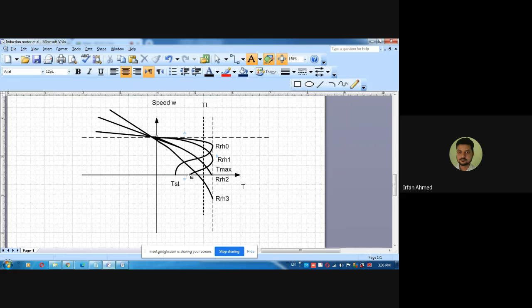And suppose we are using this characteristic, R_2 = R_3. So this is your starting torque. The load torque is greater than the starting torque.